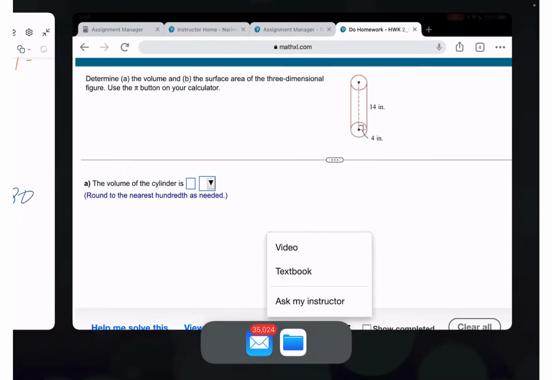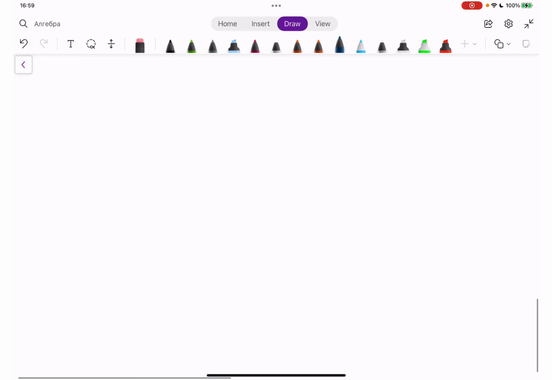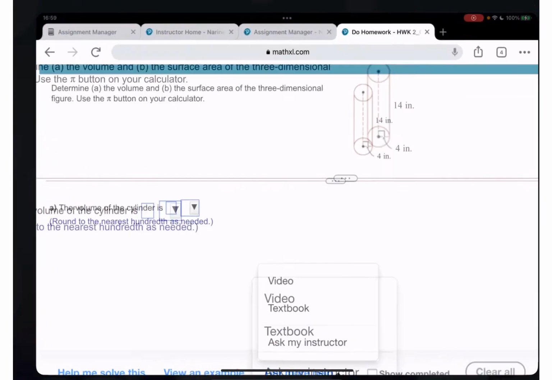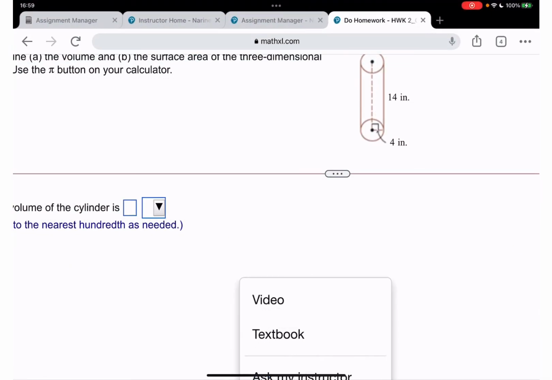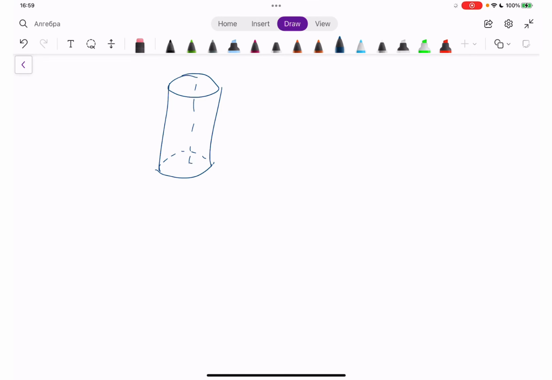Okay, let me draw it. So 4 and 14, let me check. Radius is 4 and height is 14. So this radius from here to here is 4 and this is 14.